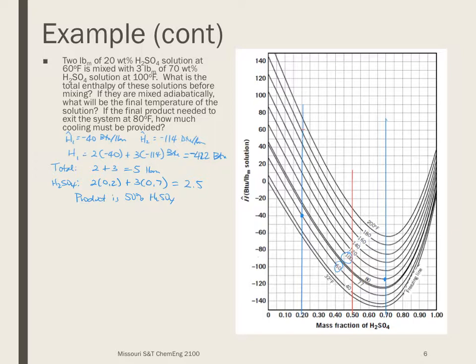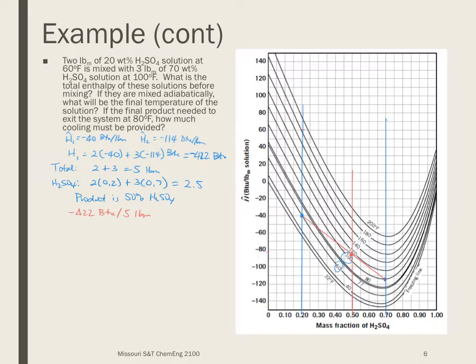So if you mix it adiabatically, it simply means that I remain on a curve where my total enthalpy is what would be predicted if I took negative 422 BTUs and divided by 5 pounds mass. And if I do that, then I end up with my enthalpy point being right here, which happens to be the straight line that connects the two original feeds and my product composition. Those intersect.